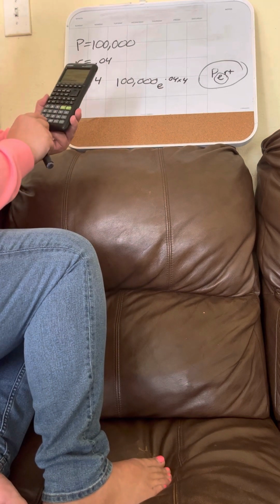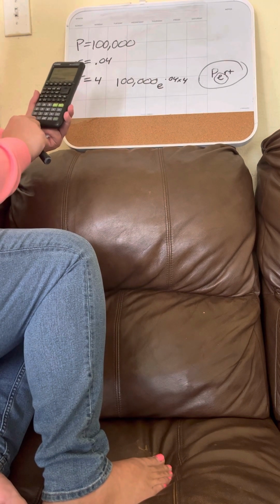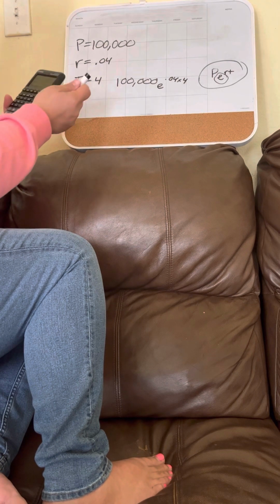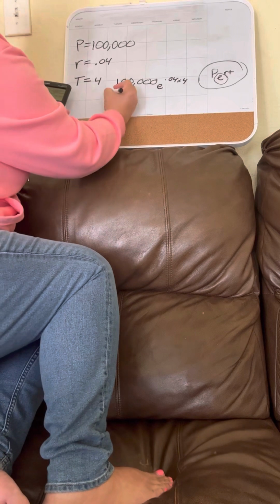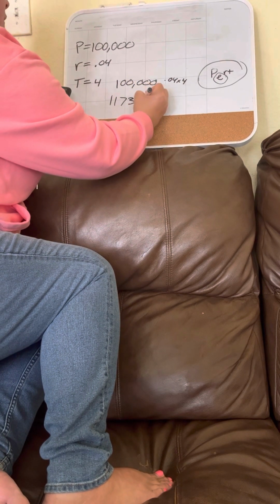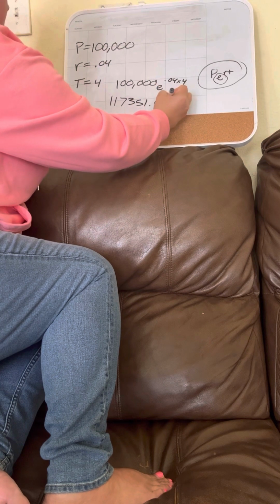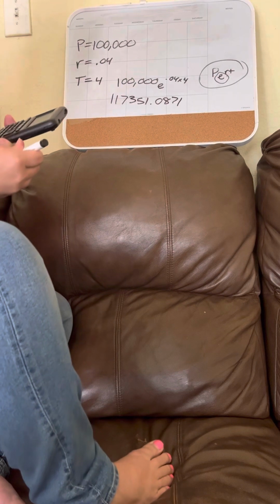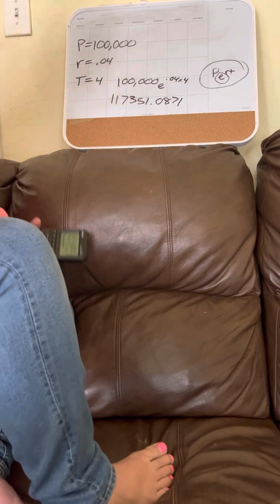I enter it like so, enter, and I get 117,351.0871. Now this problem asks to round it to the nearest dollar.